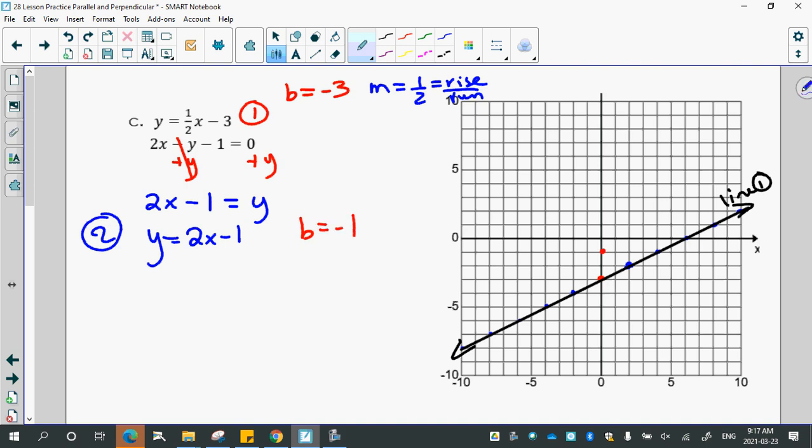And our slope would be 2, which is our rise over our run. So from -1, we're going to rise 2, run over 1. Draw in our line.